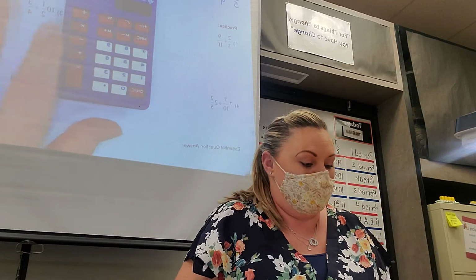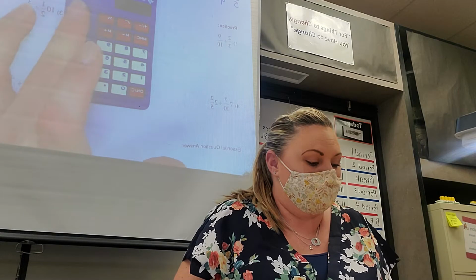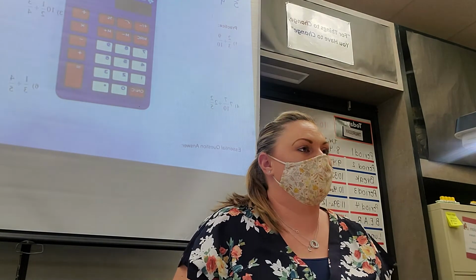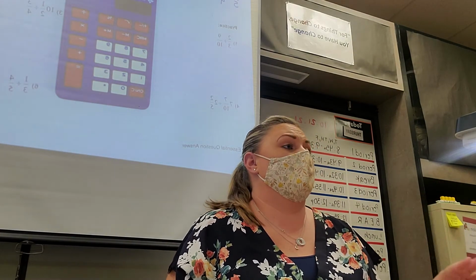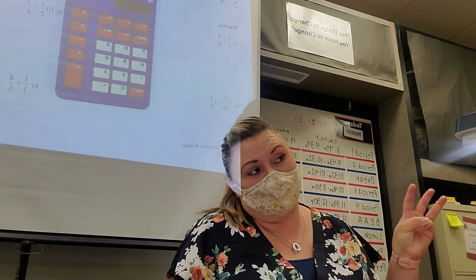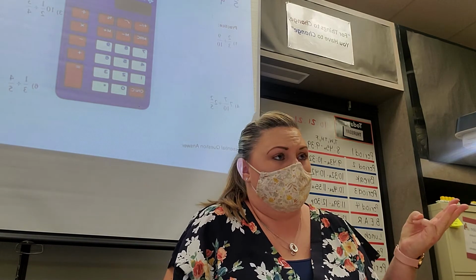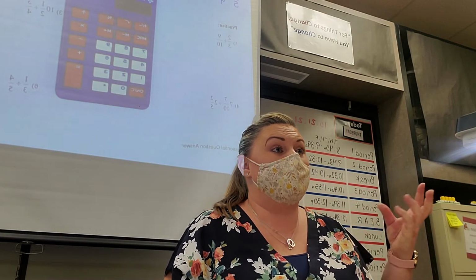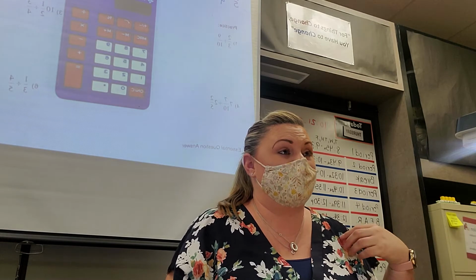Okay, so if we do 3 divided by 4, we get 0.75, right? Because if we have 3/4, how much is that? Let's say we had 3/4 of money. We had 3/4 or 25 cents.